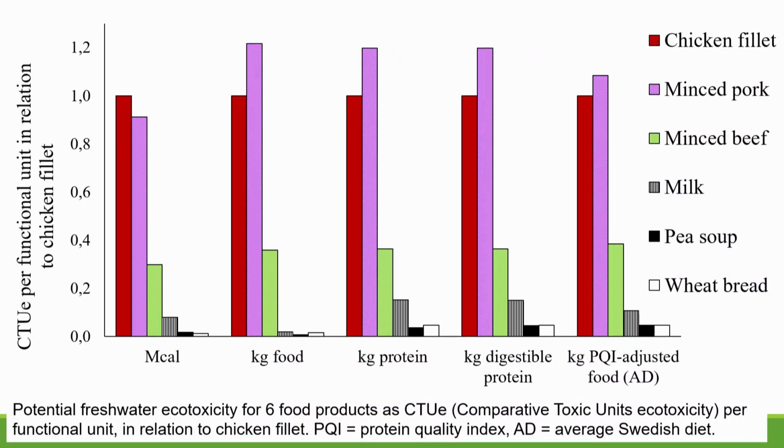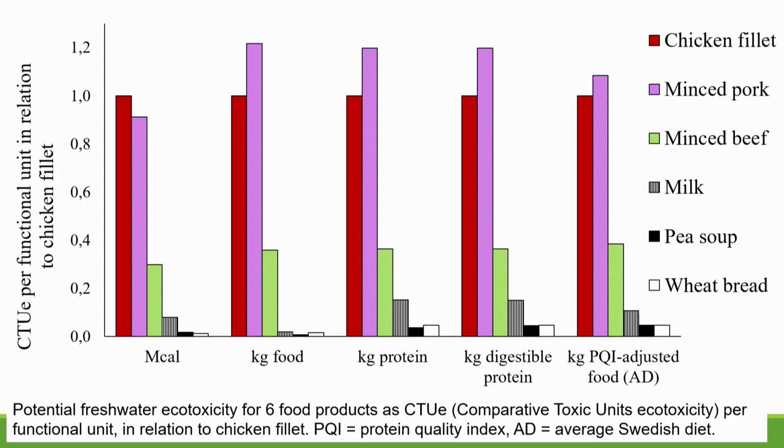So here we looked at these 6 different foods, and we calculated comparative toxic unit per functional unit, and we used different types of functional units. So we compared the foods by megacalorie, kilo food, kilo protein, and some different proteins, just to be sure that the result didn't differ depending on the reference unit used.